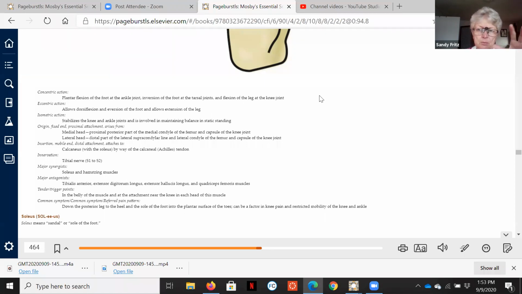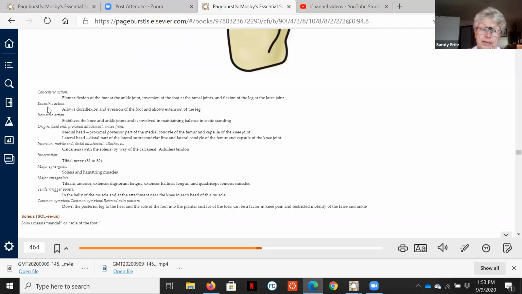But if something wasn't working right with that, and we're doing this muscle testing, and maybe it doesn't hold very well, and then somebody starts to get a cramp in their calf, well, it may be that this helper, this synergist here to the hamstring group, is working extra hard to help produce that knee flexion movement.